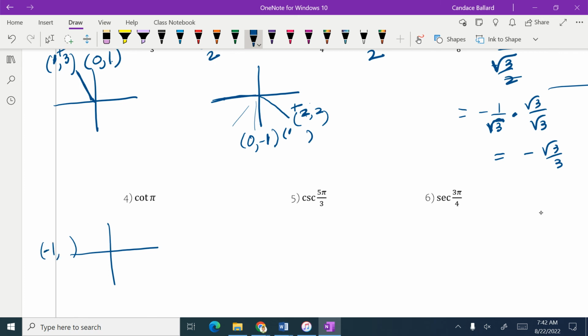Negative 1. Up how many? 0. So negative 1, 0. All right. Cotangent is what over what? Cosine over sine. So my cosine's negative 1. My sine is 0. What do I have to write down? Undefined. Good. Okay.